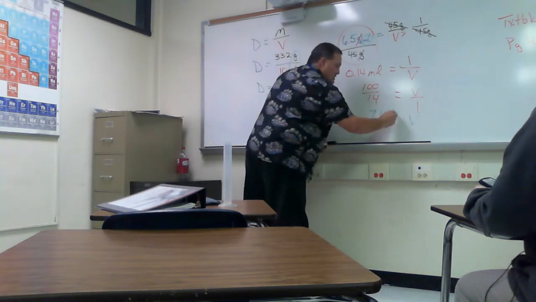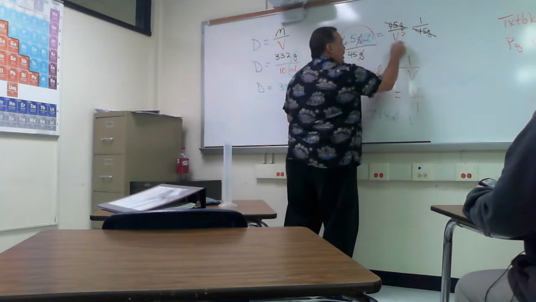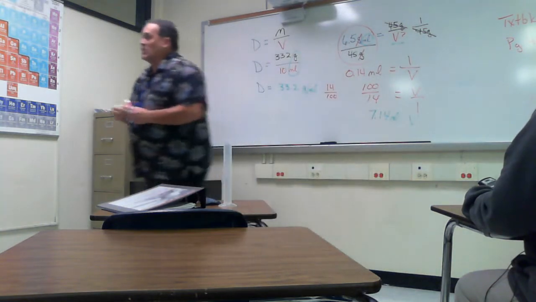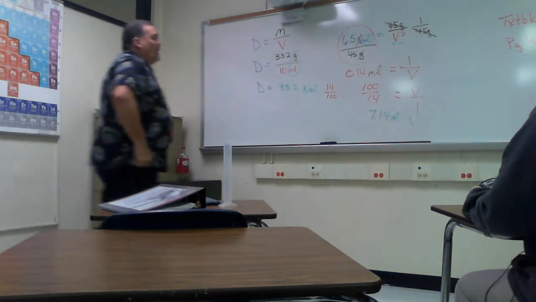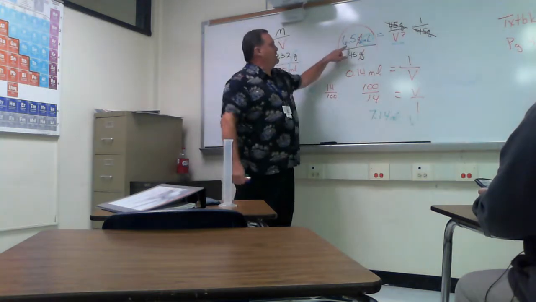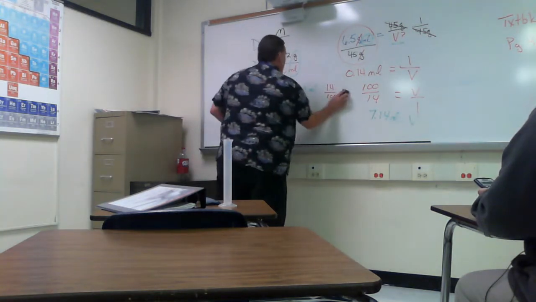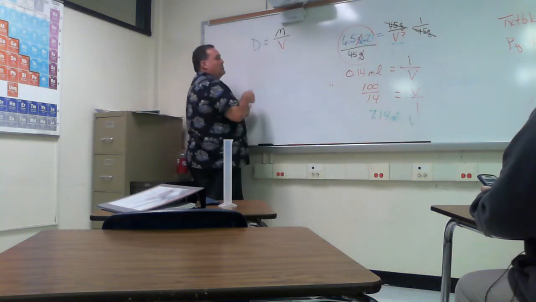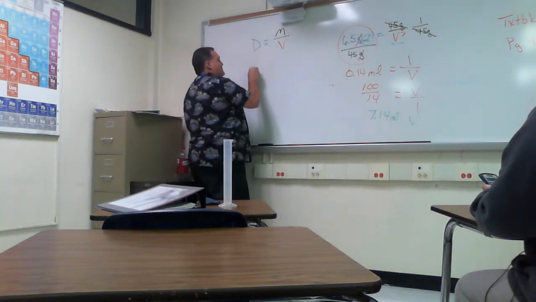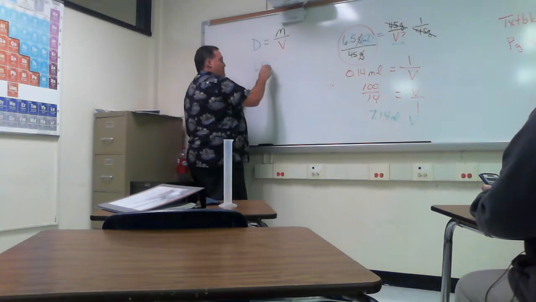Now, let's go back. Are we looking for volume? Yes. Do we measure volume in milliliters? Yeah. So did we do good? Okay. So what's the volume of the container of a density? Let me go back, all the way back. I told you the density was 6.5, right? 6.5 grams.